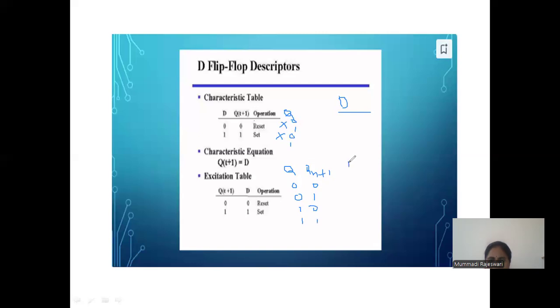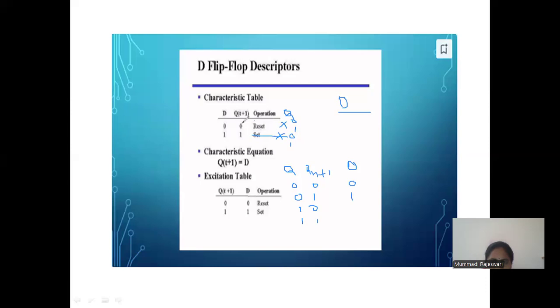For this, you need to calculate the mandatory input of D. When both are 0, 0, this is the only condition, 0, 0 means D equals 0. And 0, 1 means Q is equal to 0 and Q of n plus 1 is 1, means D equals 1, only this condition. This is 0, 1 means that D is equal to 1.